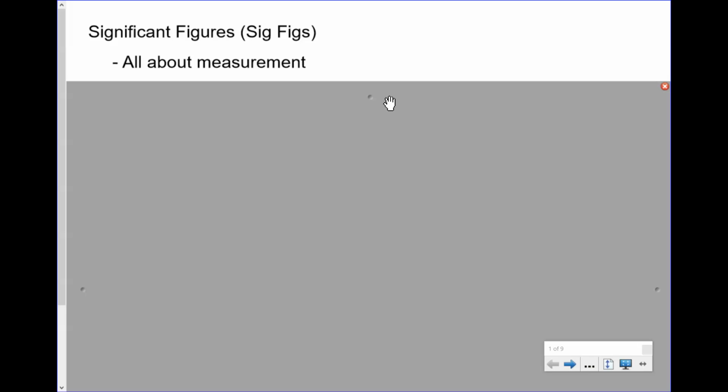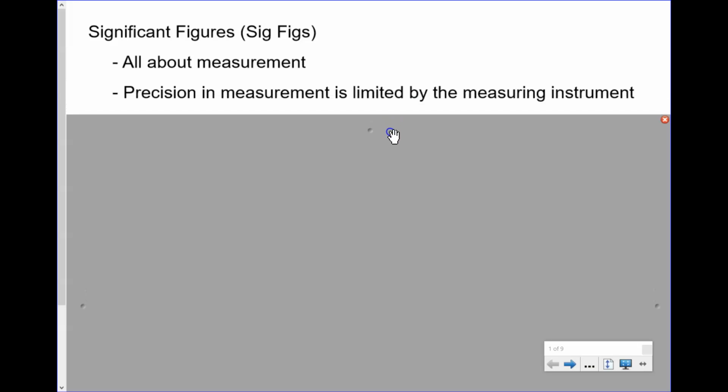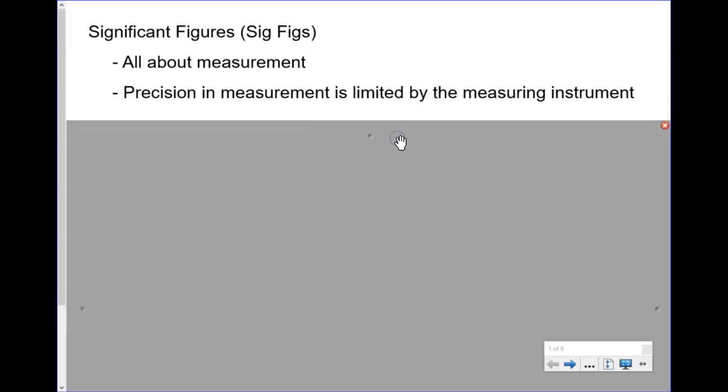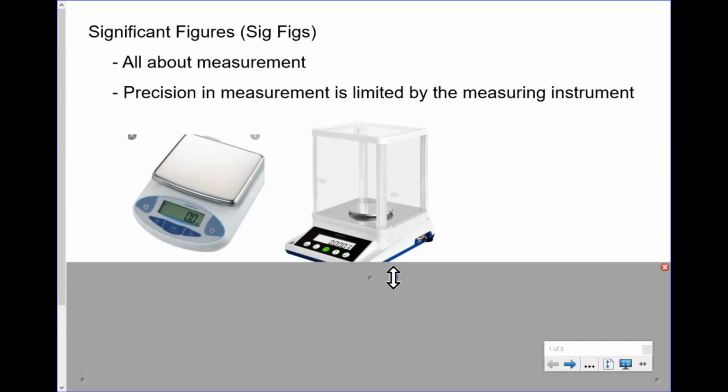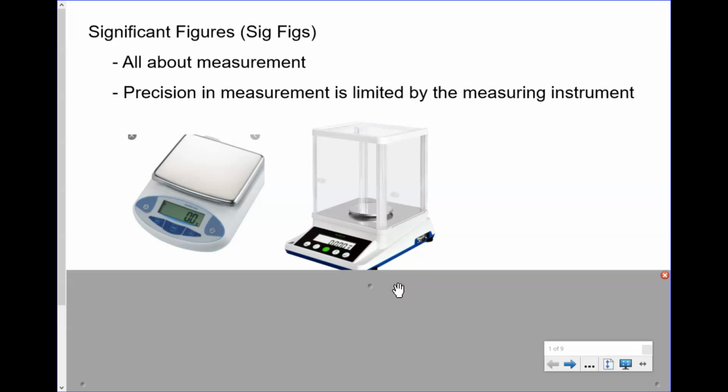And when we work with measured numbers, there's a certain level of precision that we talk about, and how precise our measurements are. And when we measure things in the lab, our precision is always limited by the instrument that we're using. For example, you've used these types of balances and scales in the lab.